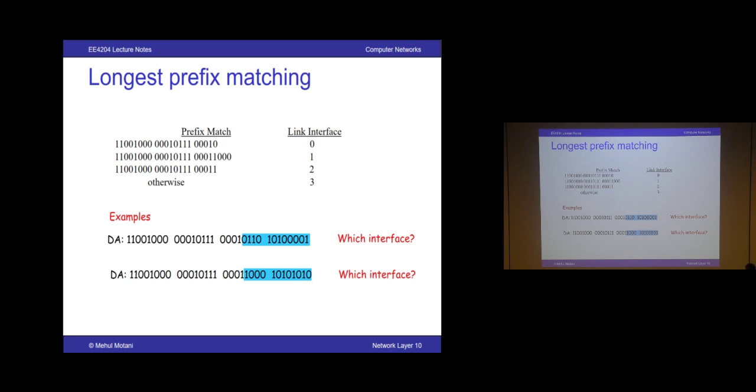This doesn't constrain me in how I route or what ranges of addresses I route. By doing longest prefix matching, I can have very complex routing or forwarding scenarios. So let's end here.